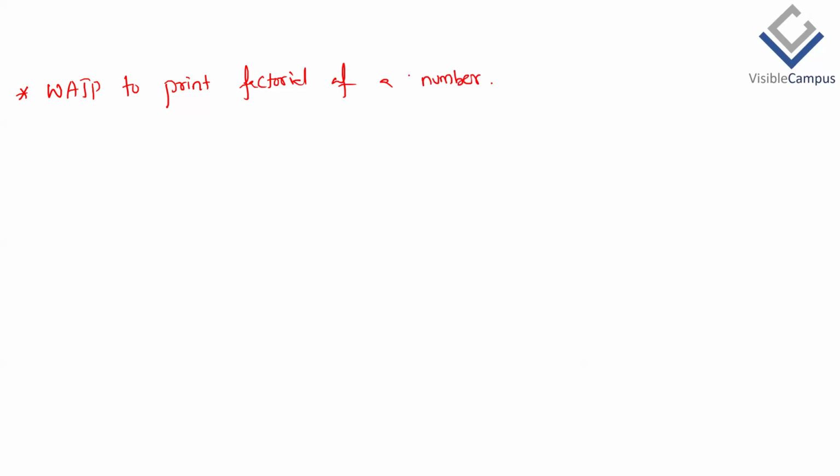Before we go for the Java program, what is the meaning of a factorial? If it is, say, 5 factorial, what's the meaning of this? From the given number, reduce by 1 each and every time and find the product up to 1.